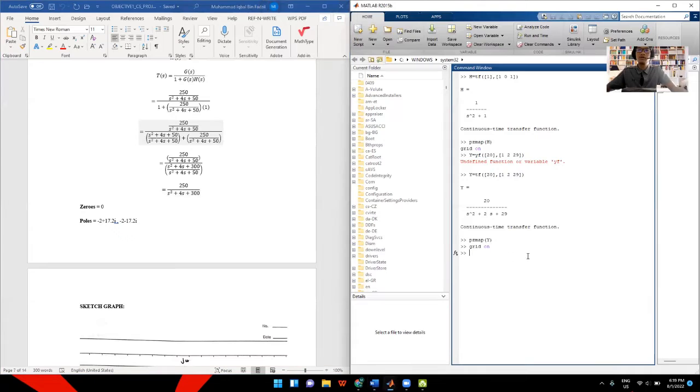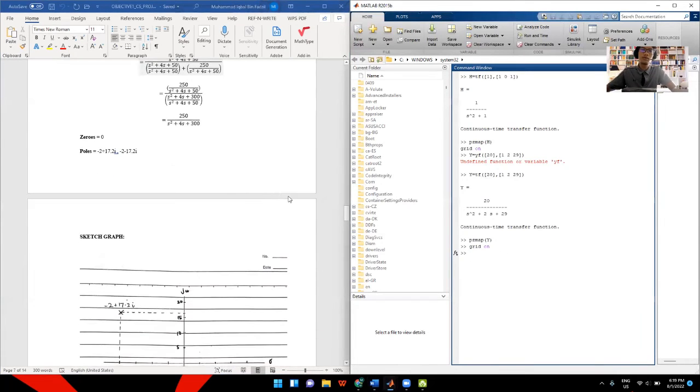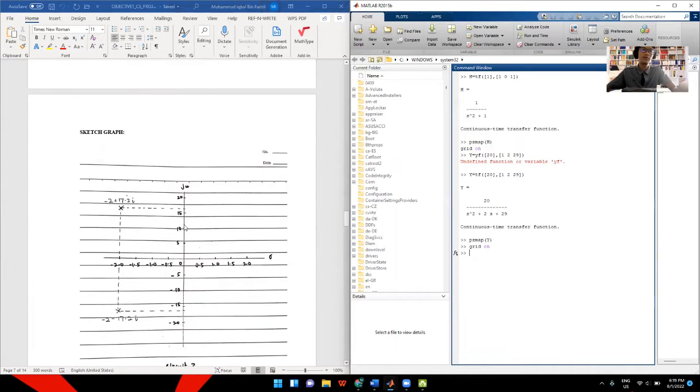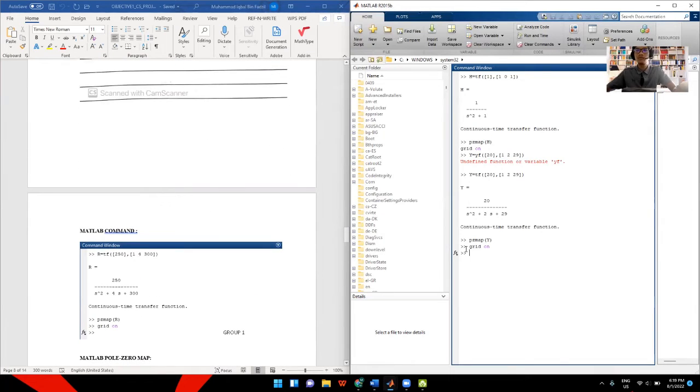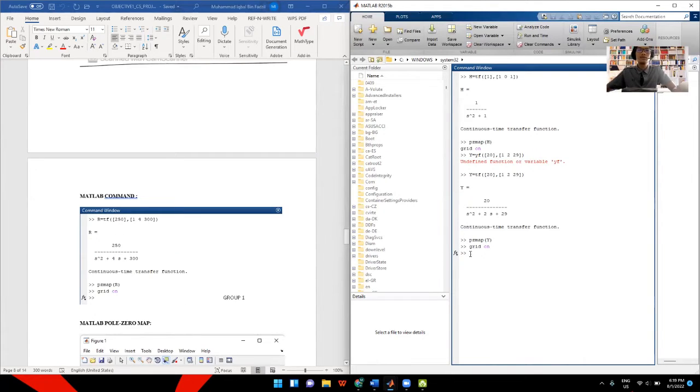So we can prove it in MATLAB. We plot the poles and we get this graph, and then we prove it by using MATLAB. We just follow this command: R equal to tf, 250, S squared plus 4S plus 300.